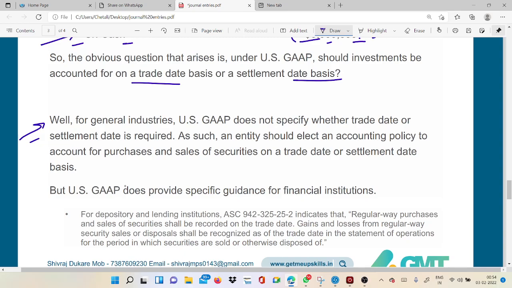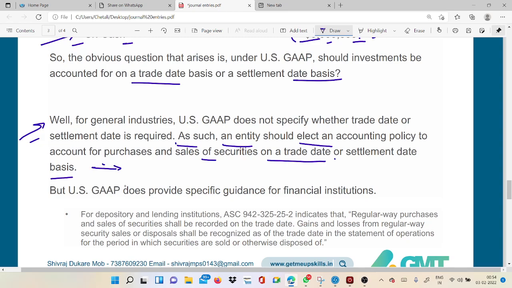US GAAP does not specify anything as such. An entity should elect an accounting policy to account for purchases and sales of securities on a trade date or settlement date basis.